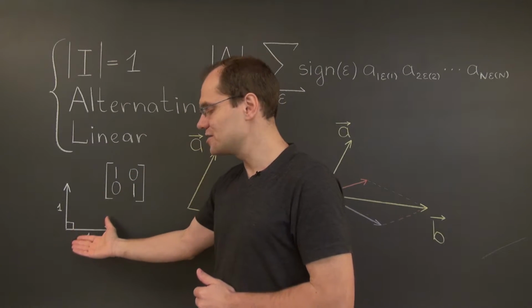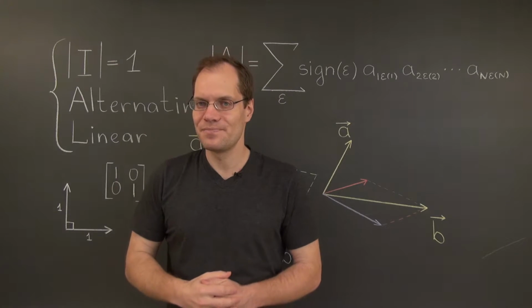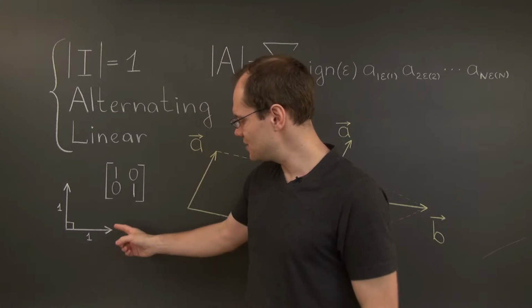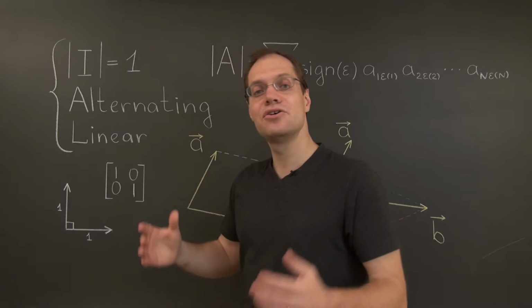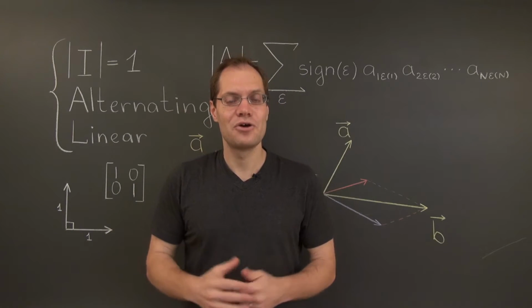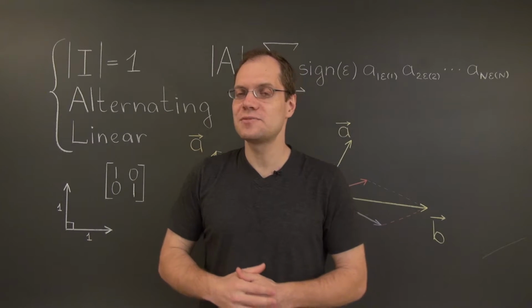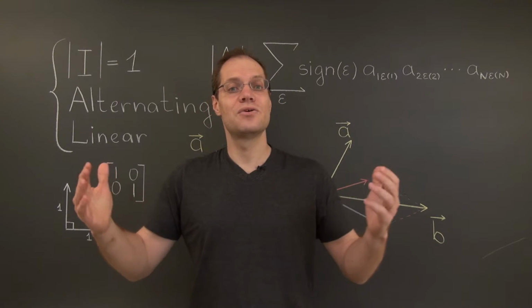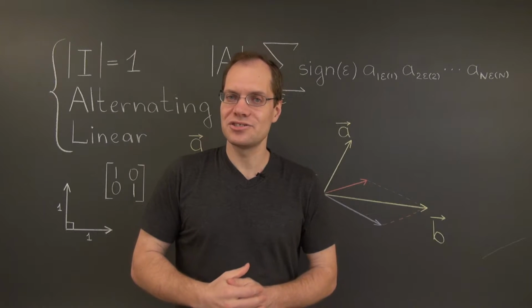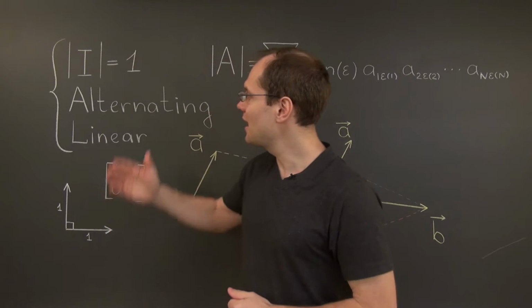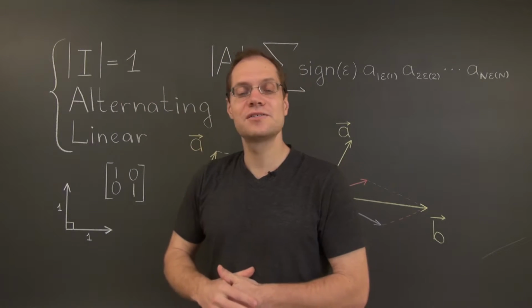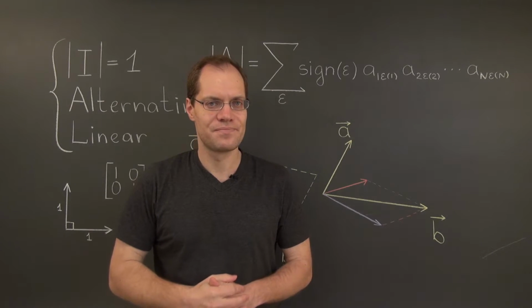And what's the corresponding signed area? Well, the corresponding parallelogram is a unit square whose area is 1. So the signed area of the corresponding parallelogram is 1. And we have a match between signed areas and determinants as far as property 1 is concerned.